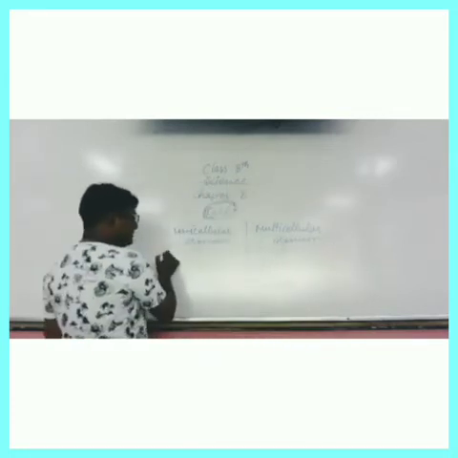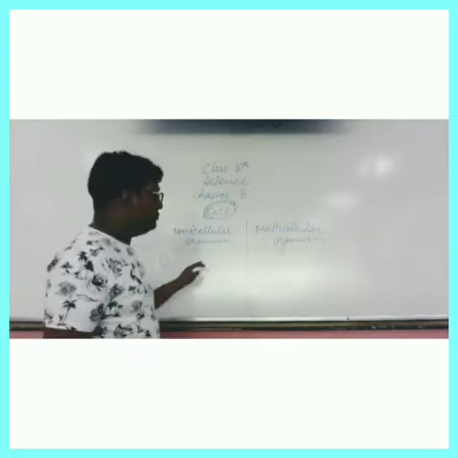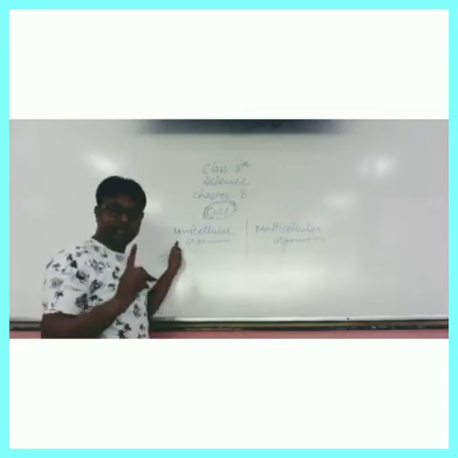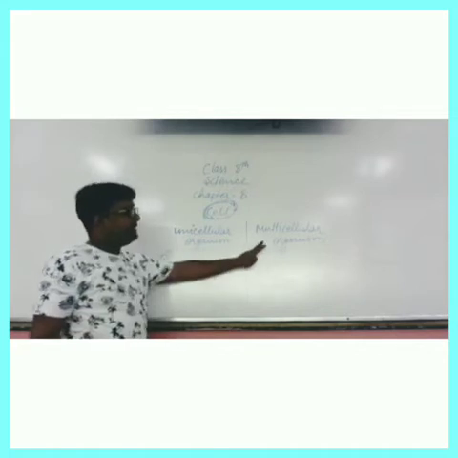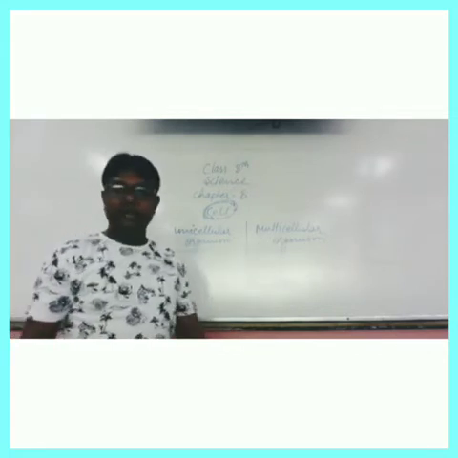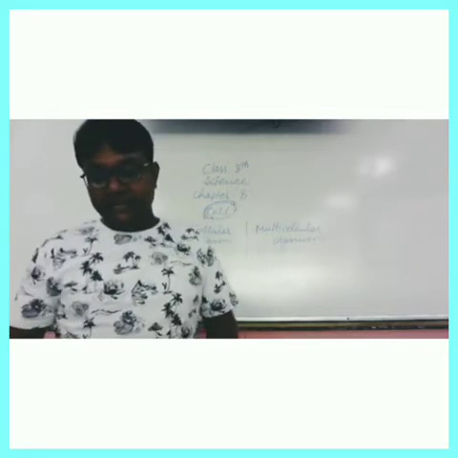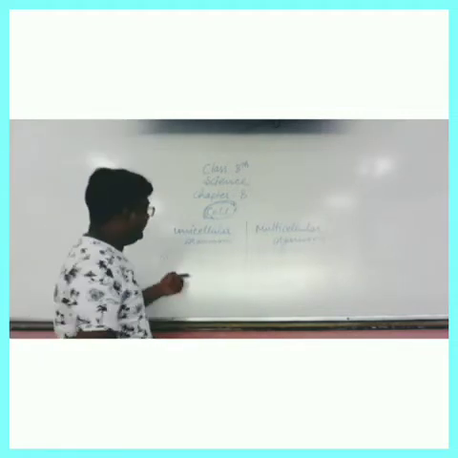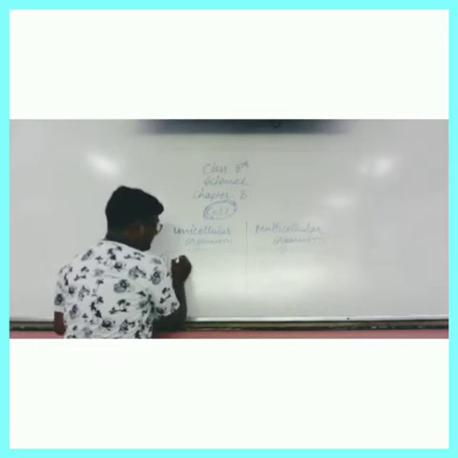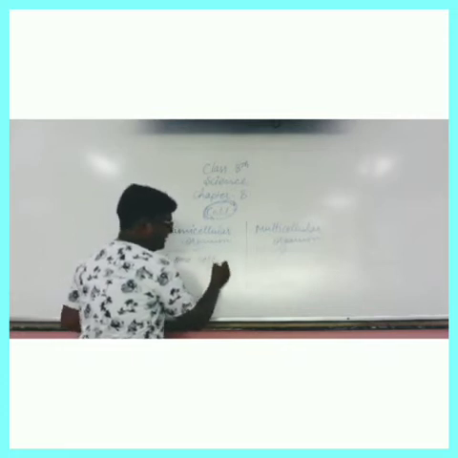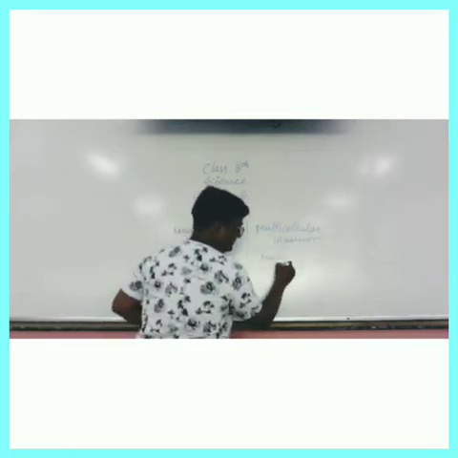So the first difference is what? Definitely unicellular organisms are made up of one single cell. Multicellular organisms are made up of many cells. Fine. Now one cell carries out all the functions. Here this is having only one cell. It is having many cells.